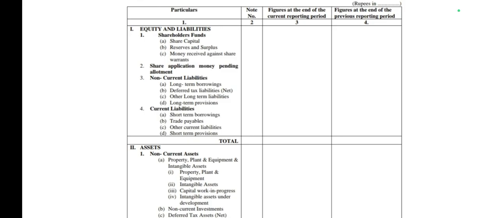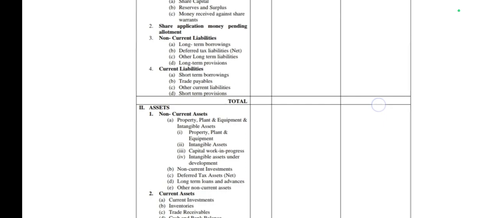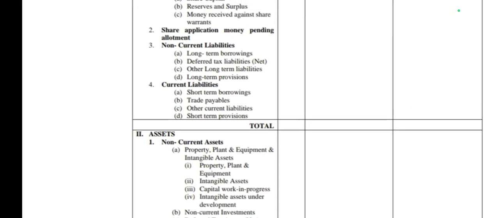Then we have two heads. Vertically, we will have to write equity and liabilities, and assets. Equity is nothing but just the capital. Then we have shareholders' funds, share application money pending allotment. These items which are written in bold are the heads, and the items under these heads are known as the subheads.